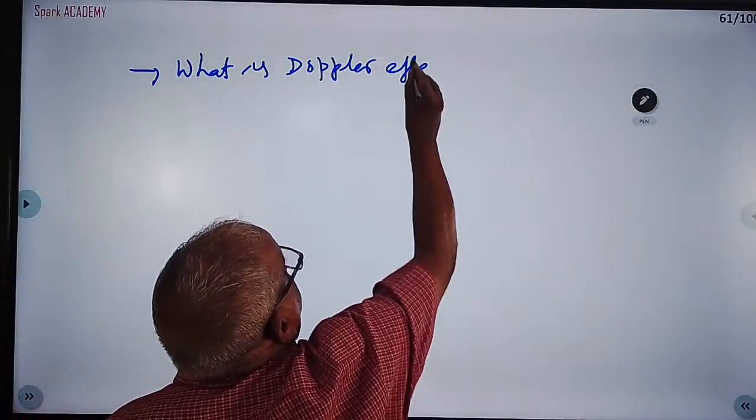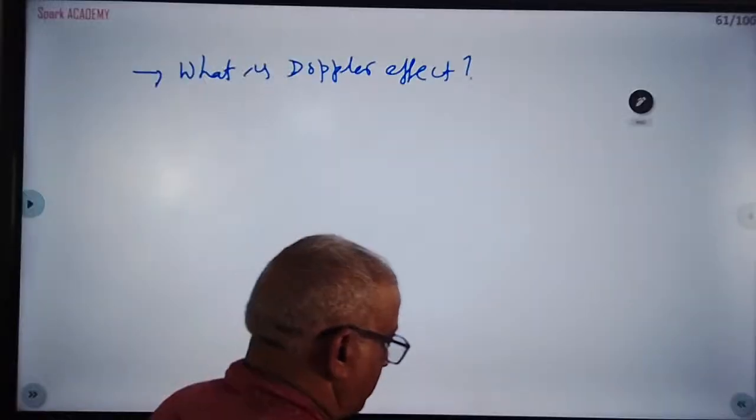We discussed Doppler effect in short question also, that was for light. What is Doppler effect in sound?